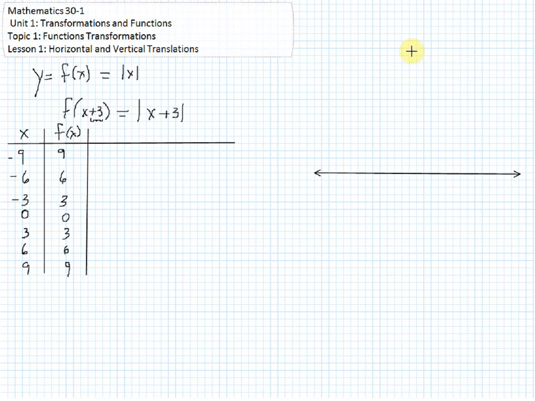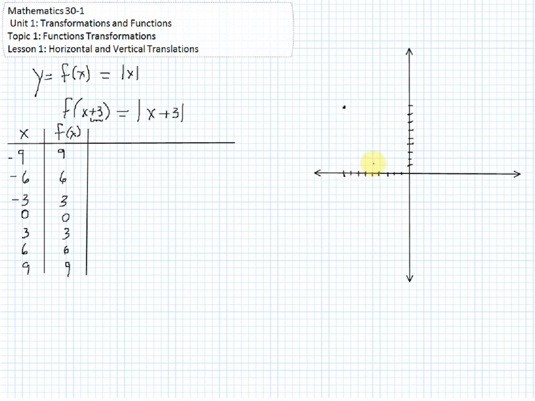And just to verify that, we're going to graph it again. So if we go to -9 as our x component, we have 1, 2, 3, 4, 5, 6, 7, 8, 9, and +9, 1, 2, 3, 4, 5, 6, 7, 8, 9, and so we end up with that -9 and 9 point here.